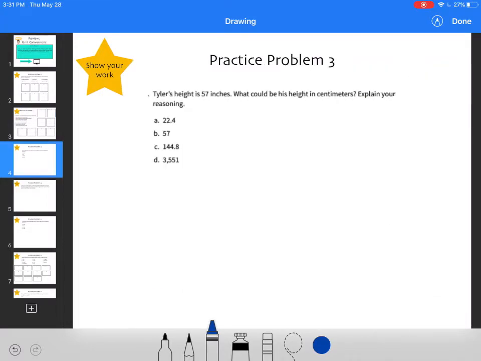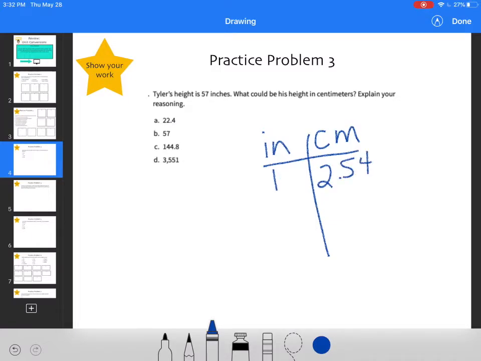Tyler's height is 57 inches. What would his height be in centimeters? Explain your reasoning. So I have inches and centimeters. So I'm going to look up my inches and centimeters. It tells me that there is 2.54 centimeters in 1 inch.